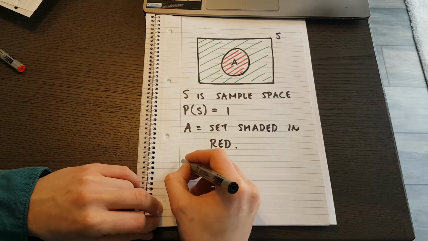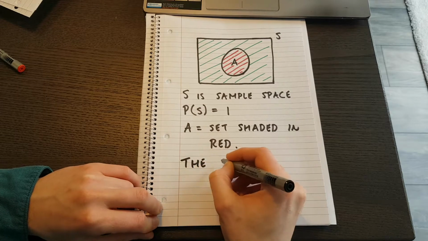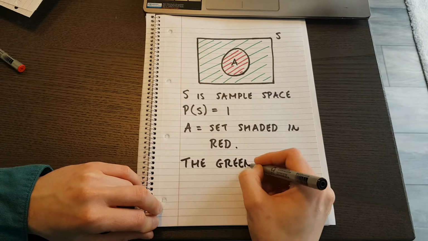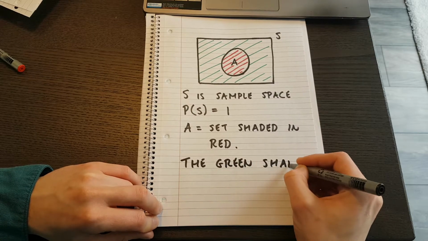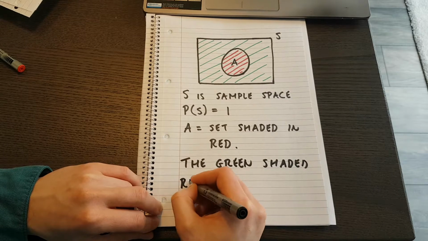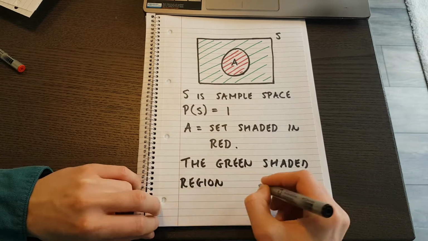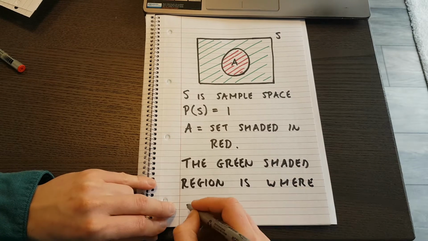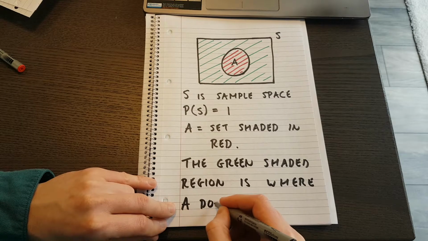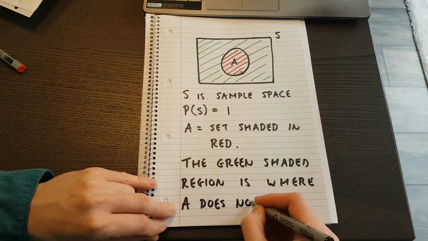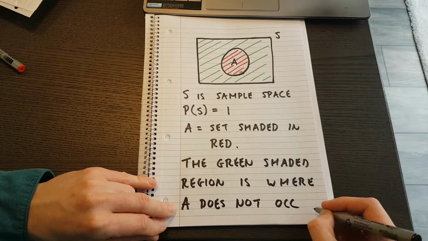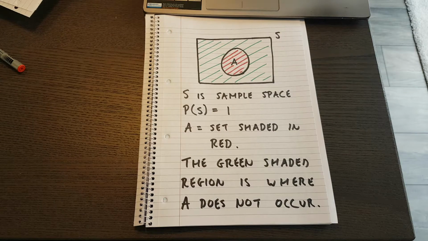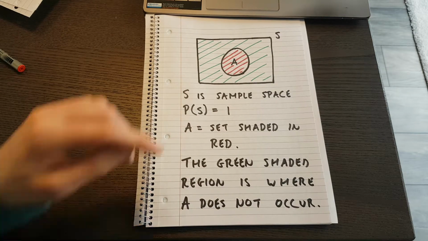The green shaded region is where A does not occur. So this red shaded region is the set of outcomes where the event A occurs.